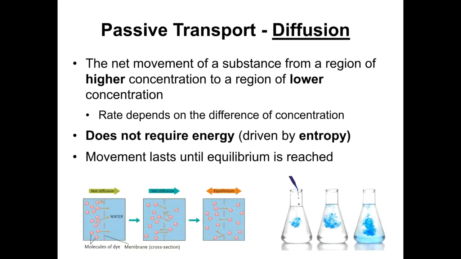Now, how do they do that? They do that by a movement referred to as diffusion. Diffusion is the movement of molecules following their concentration gradients. What do we mean by concentration gradients? We mean the difference in concentration between a point A and a point B in a solution, and this point A and B could also be the outside or the inside of a cell membrane.